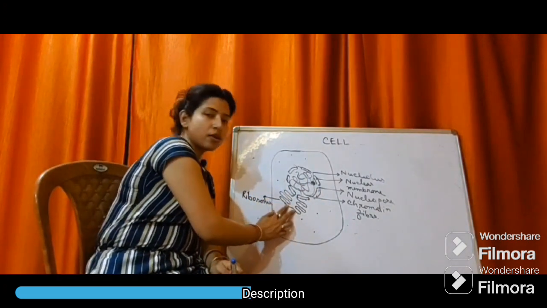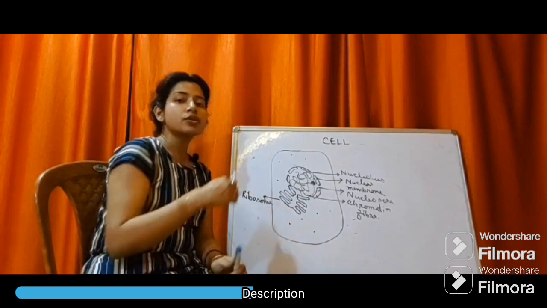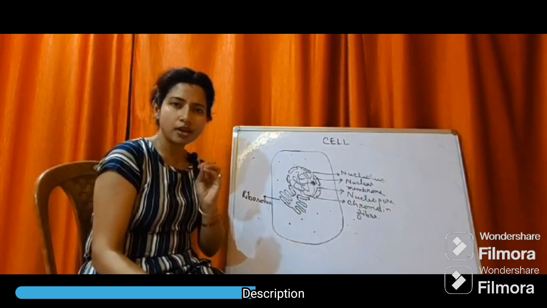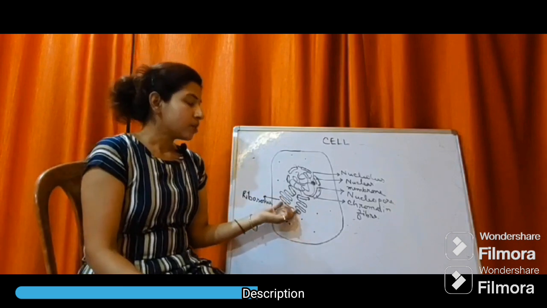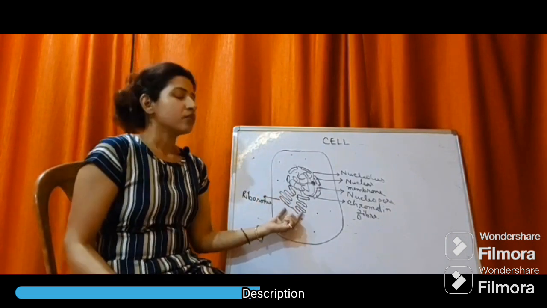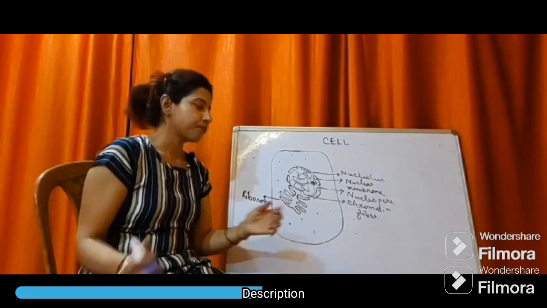This endoplasmic reticulum also provides the framework, the structural strength to the cell, because the cell is very delicate in structure, and the endoplasmic reticulum is a network-like structure. Okay, so it provides strength or skeleton to the cell.